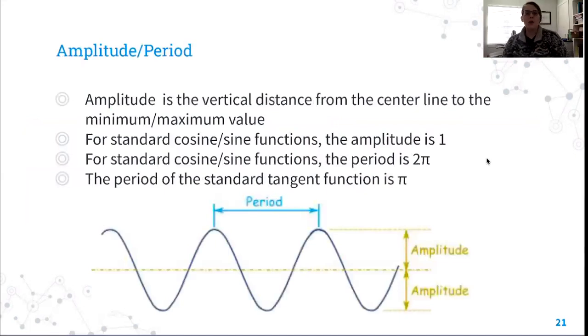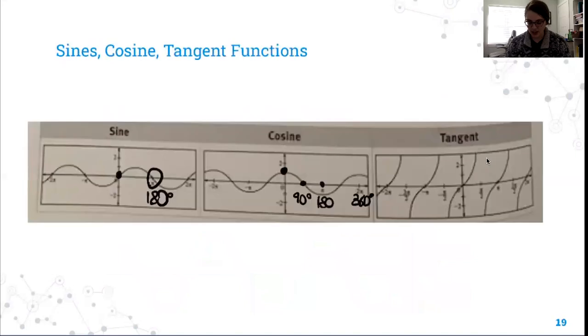Other things to know: when we talk about amplitude, that's the height, or the distance from the axis to the top of the wave. This only happens in cosine and sine functions, and it's normally 1. The period is your distance between your peaks, or in a tangent function, the distance between where it's crossing.